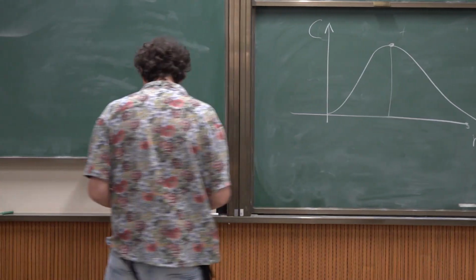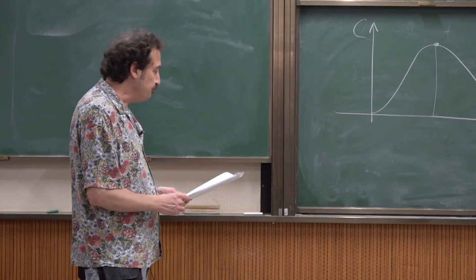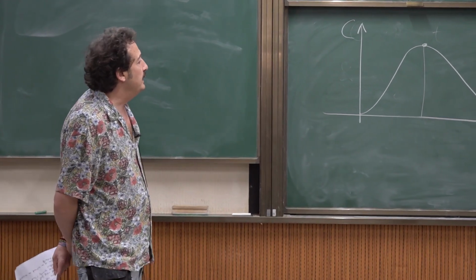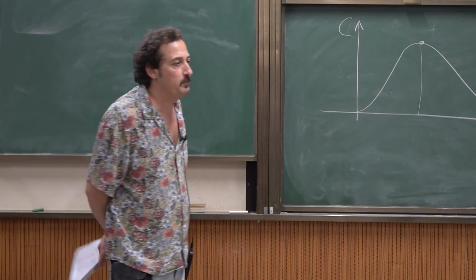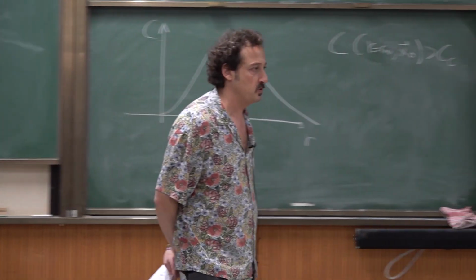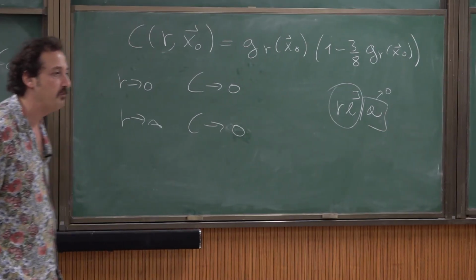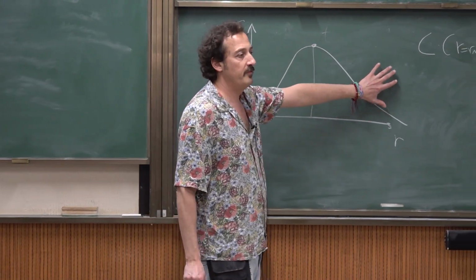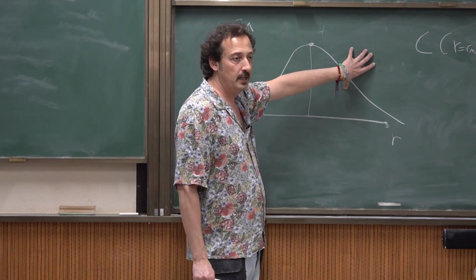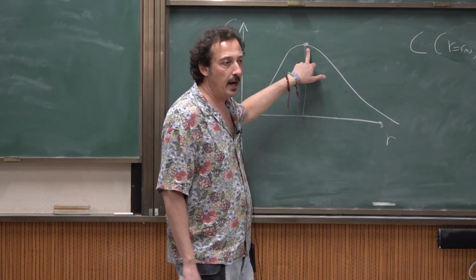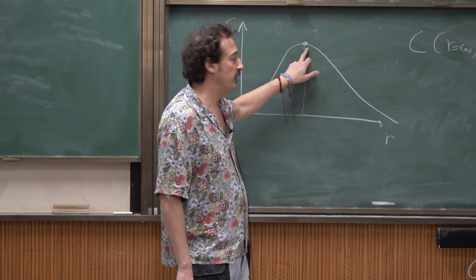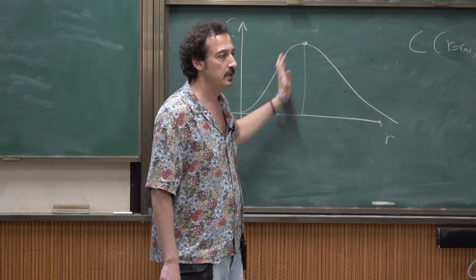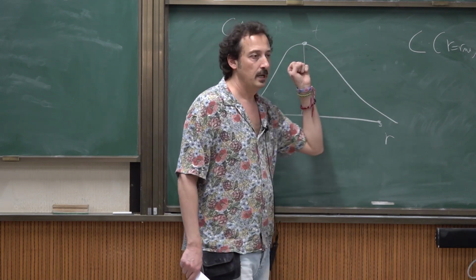Now, in principle, this is a complicated problem of general relativity. Because what I'm telling you is, I give you some initial distribution of the gravitational potential, the shape of this distribution and the value at its maximum.